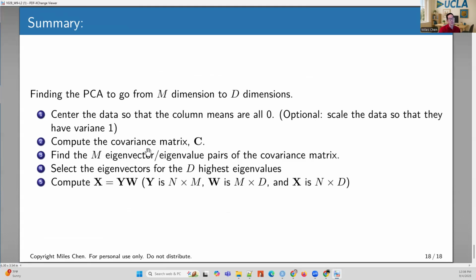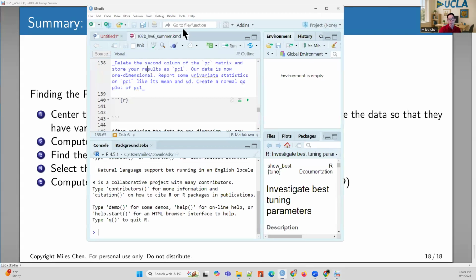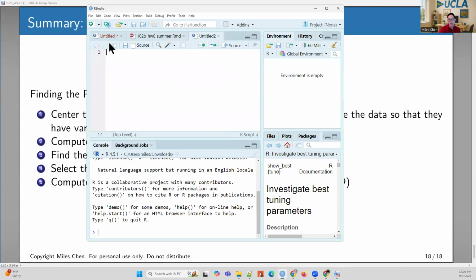And then from there, you can just select the eigenvectors with the highest eigenvalues, and then to project your data, now that you have the W's that you've chosen, you multiply original data Y times W to get your projected data X.